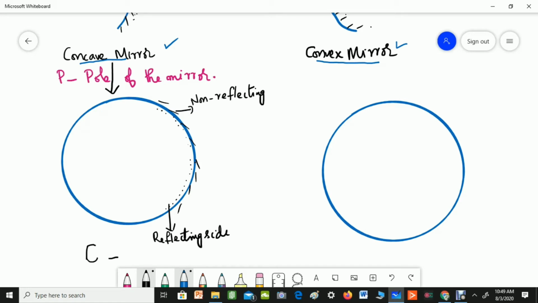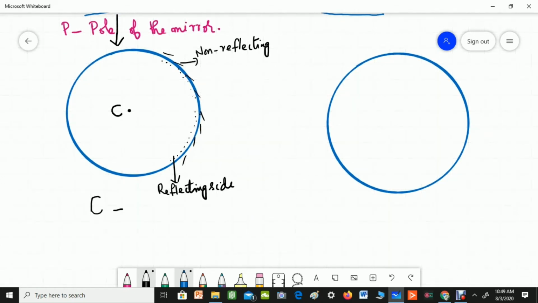So this can be a concave mirror, and this actually forms part of a sphere. And the sphere has a center. This point is called the center of curvature of the spherical mirror. It is given the name C. So C is the center of curvature. What is the meaning of center of curvature? Center of curvature is the center of the sphere.